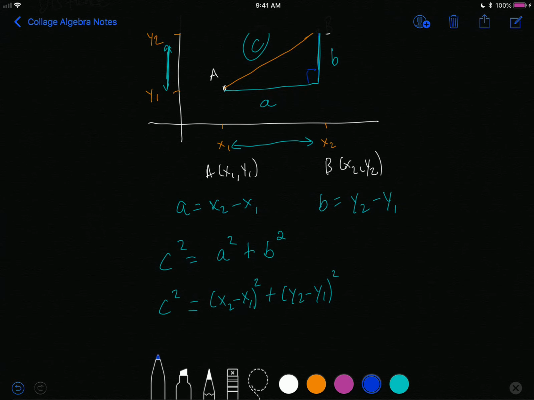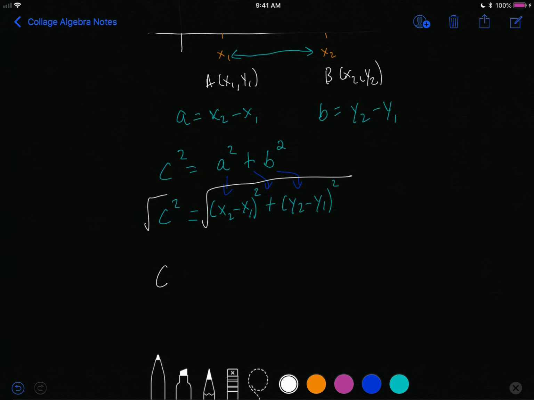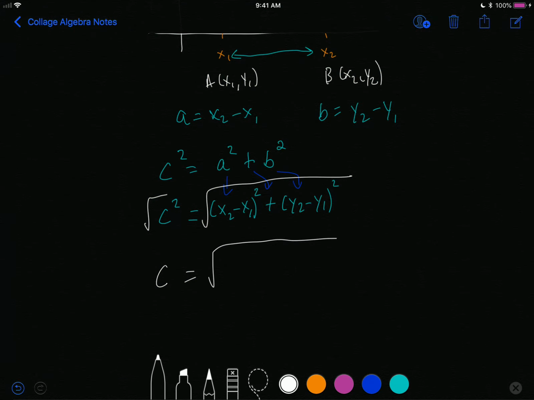Notice right here that I have changed the a, I have changed the b, and I've kept the plus sign between them. And since I want the distance and not the distance squared, I will take the square root of both sides. And that gives me that c equals the square root of (x2 minus x1) squared plus (y2 minus y1) squared.